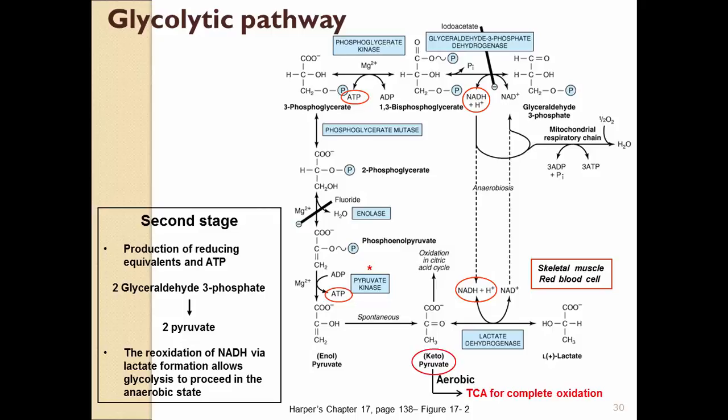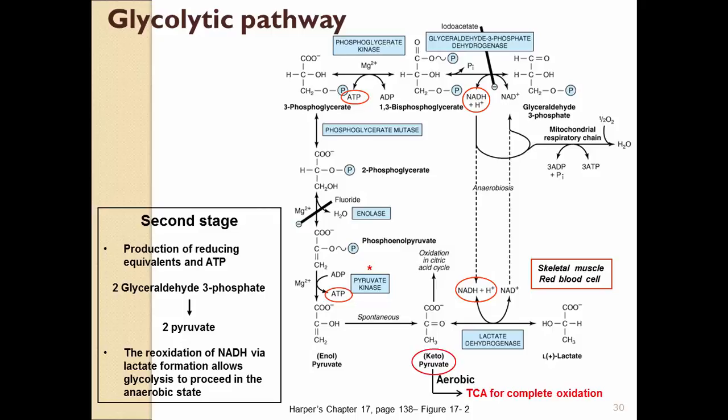And in the second stage, you also try to remember the key limiting reaction, which is catalyzed by pyruvate kinase. This kinase catalyzes the conversion of phosphoenolpyruvate to pyruvate, right?